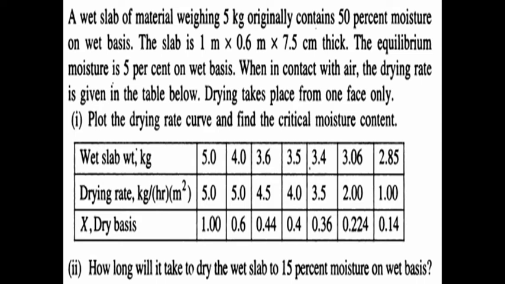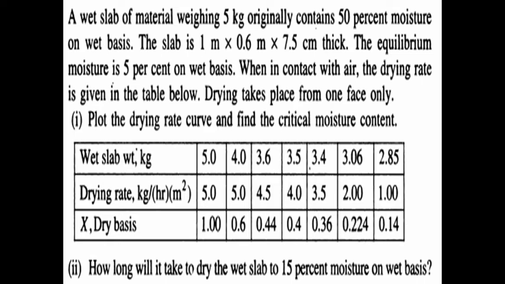So find the critical moisture content from the graph. The drying rate curve is the graph plotted between capital X, the moisture content on dry basis, and the drying rate capital N. You should take capital X as the X axis, capital N as the Y axis. Are you clear or not? Okay, so this is the first division.